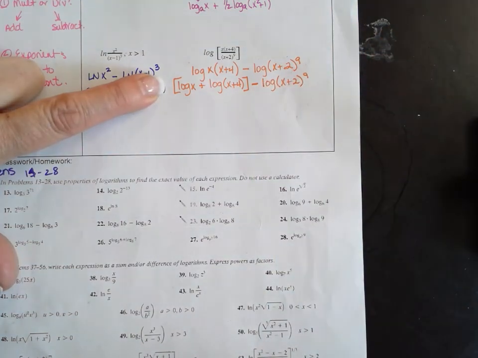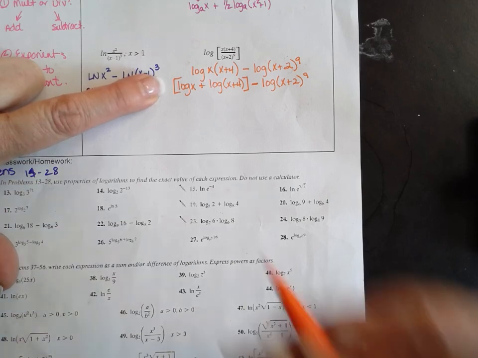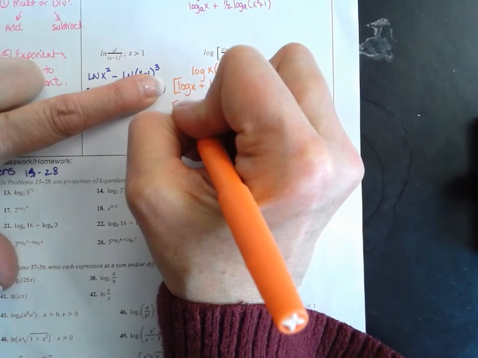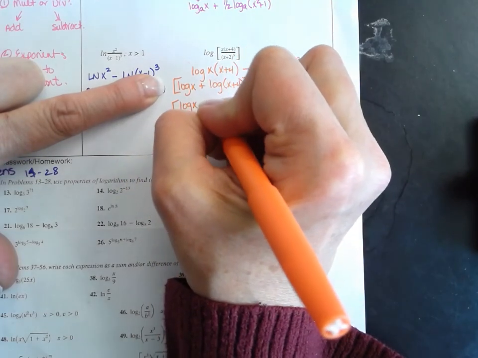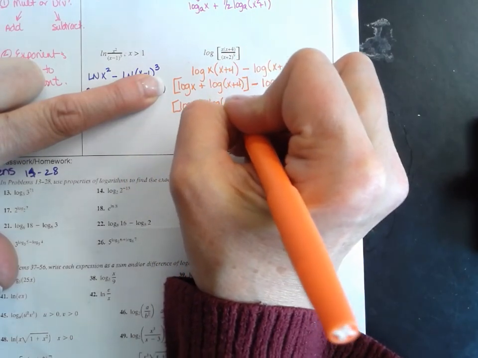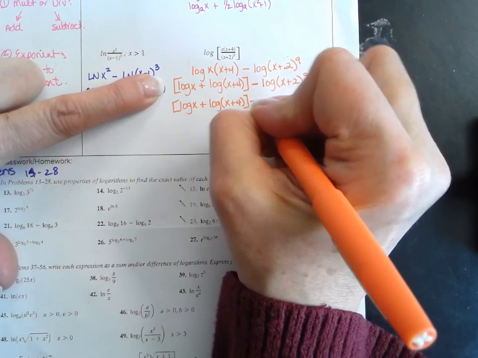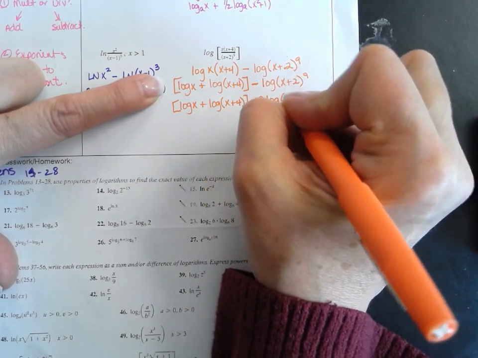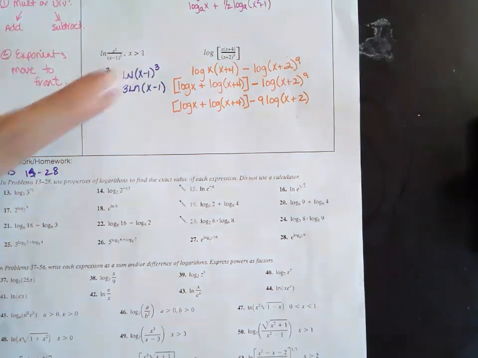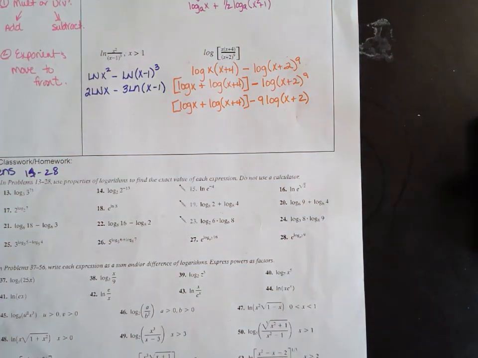Okay. Now, do I have an exponent? Yep, so let's throw that bad boy in front. The minus 9 log of x plus 2, and I'm done.